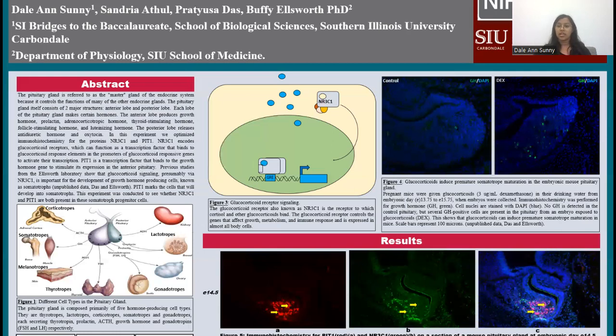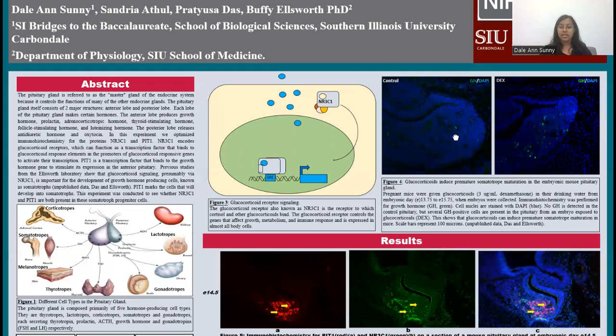You can see that initially they did not have any growth hormone showing. In the next picture, you can see that there were several growth hormone positive cells present in the pituitary when it was exposed to the glucocorticoids. This acts as a basis and foundation, which shows that glucocorticoids can definitely induce premature somatotropic maturation in mice.